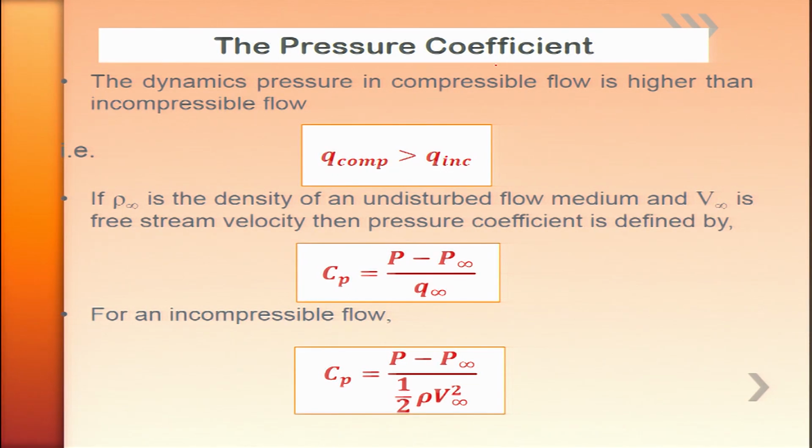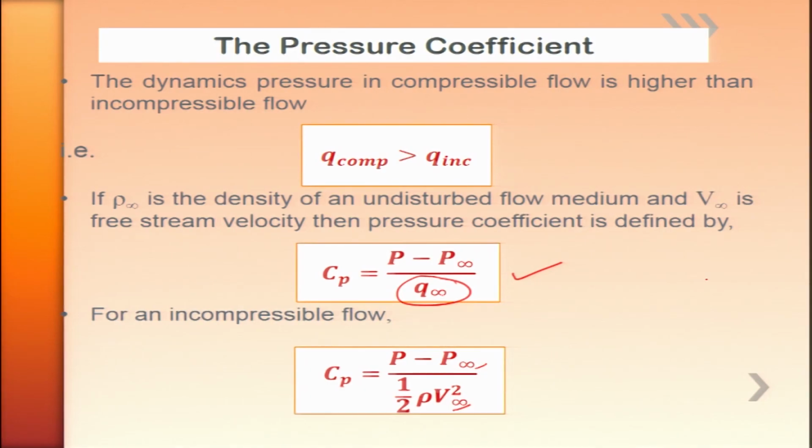Please note that in low speed aerodynamics and fluid mechanics, we define the pressure coefficient as Cp equal to P minus P infinity upon Q infinity, where infinity represents the free stream conditions.